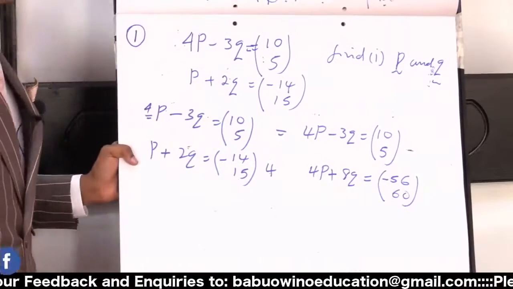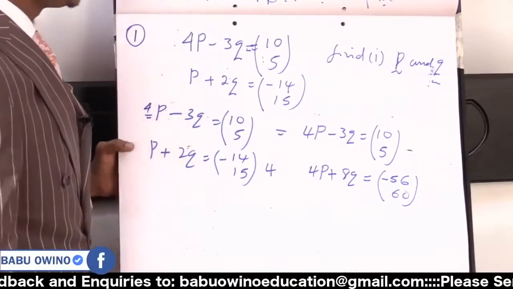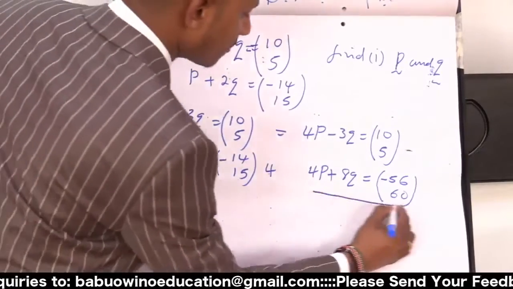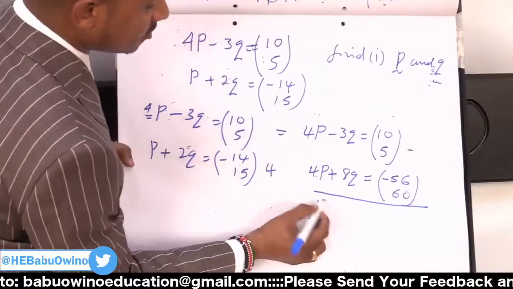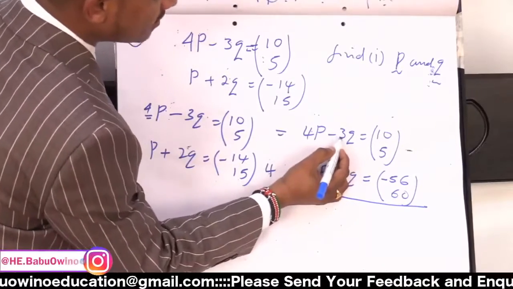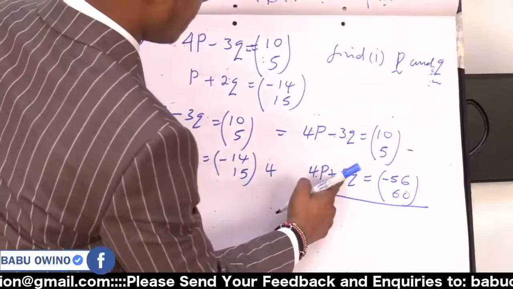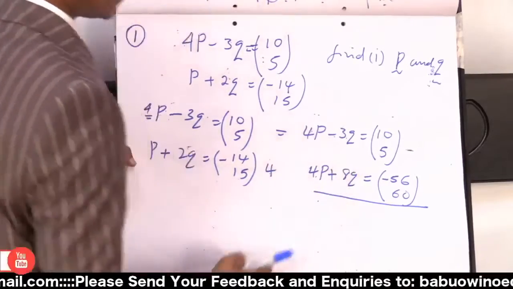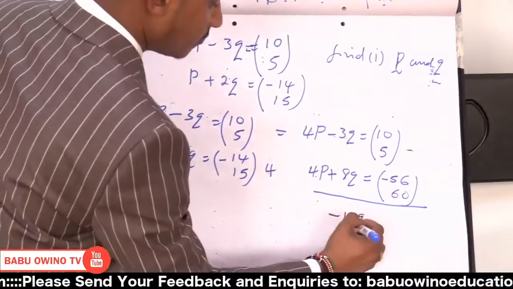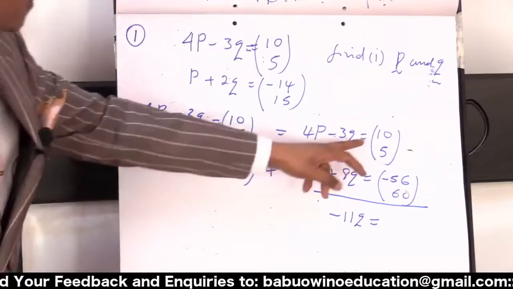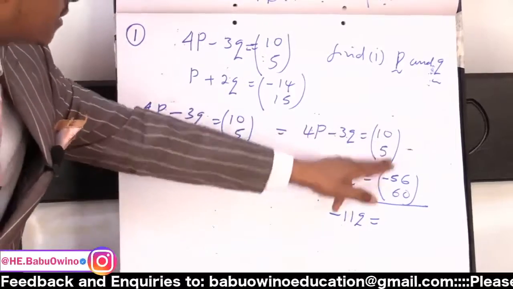Then normally the way you handle simultaneous equations, you subtract. So from here, this minus this is 0. Then minus 3Q minus 8Q is minus 11Q equals, then we subtract this minus this.